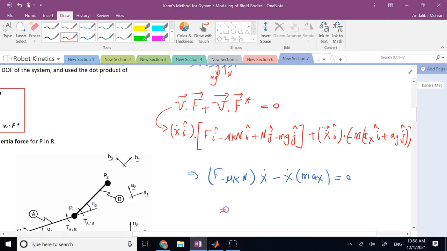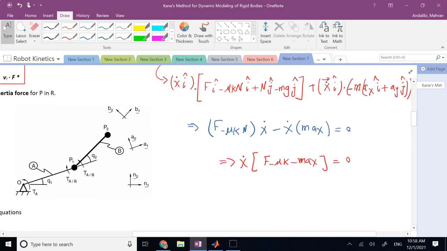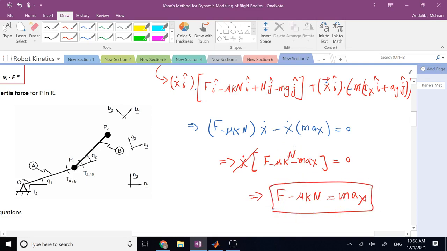And here, if you factor out x dot, it is going to be F minus mu k n minus m ax is equal to 0. X dot cannot be 0 because the system does move. So that means only F minus mu k n has to be equal to m ax. This is mu k times n. And that is, of course, the same as the equation of Newton.